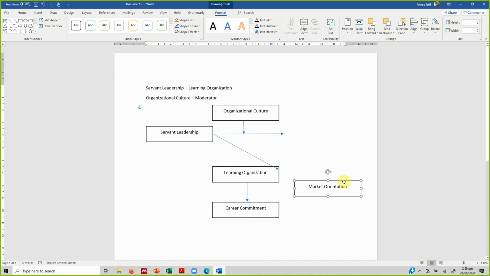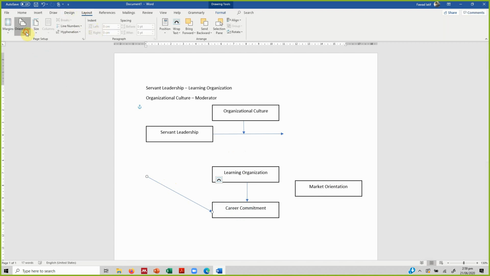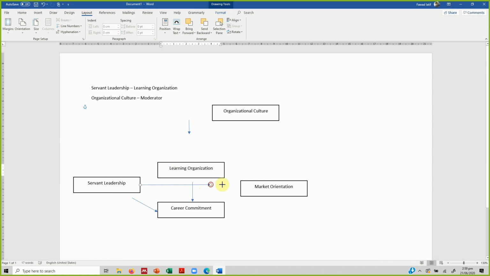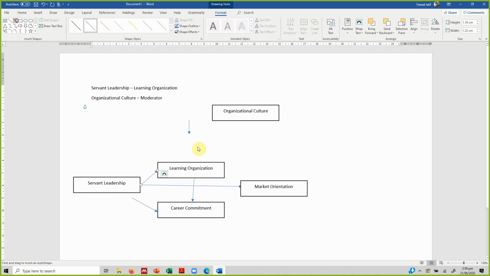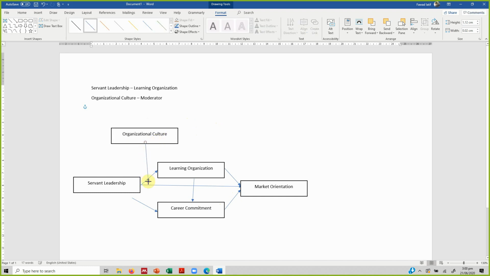So what we do is we put this one here, just rearrange our model a bit so that everything is in place. And let's say we put this here, and let's say we put this here.